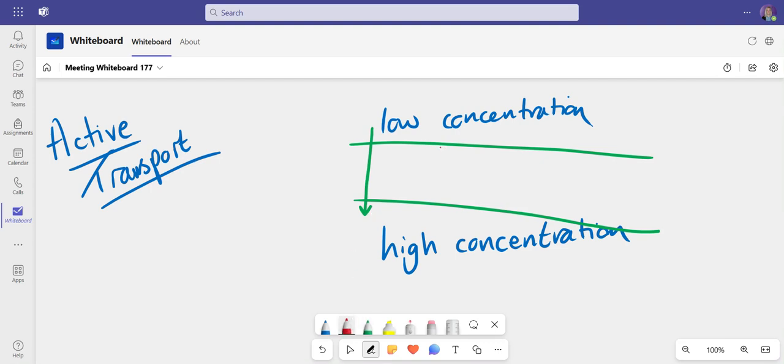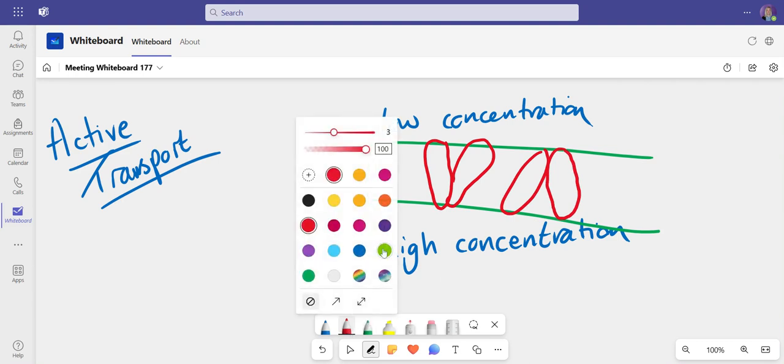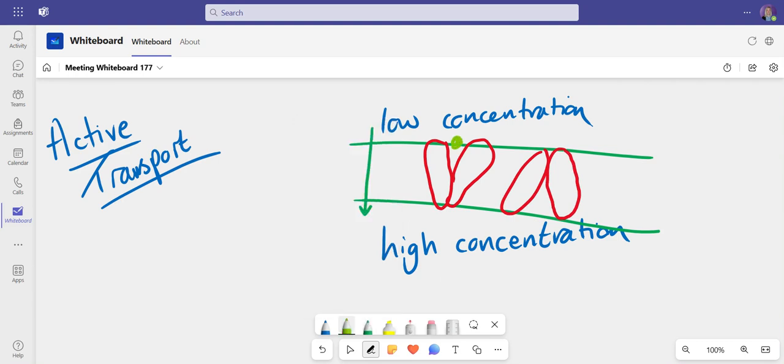Now they have to go through a carrier protein. They can't use a channel protein. It has to be a carrier protein. So the carrier protein is an intrinsic protein. It goes right the way through the membrane, and the molecule simply binds on this side. The carrier protein changes shape, and the molecule is released out the other side. So it goes low to high concentration, and this one does use ATP.